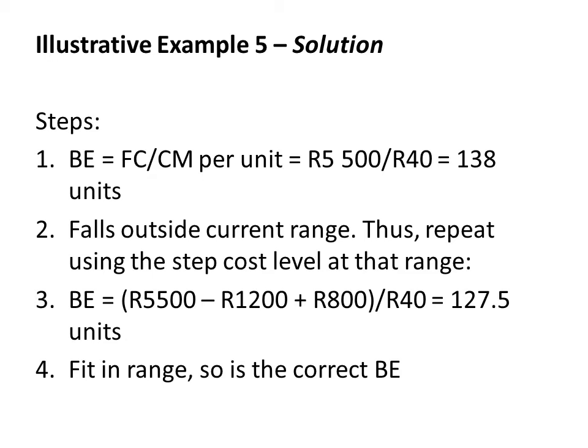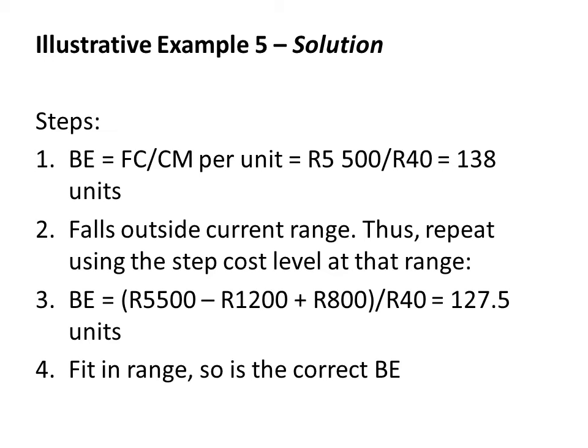Okay, the first step is to take the current fixed cost, or the cost at the current level, and calculate the break-even. Currently, the fixed cost is 5,500 divided by the contribution of 40. That gives us a break-even of 138 units. The next step is to see, does that fall in the current range?